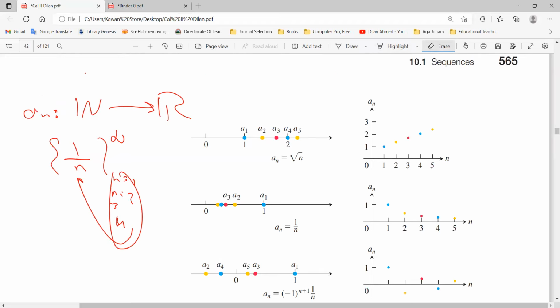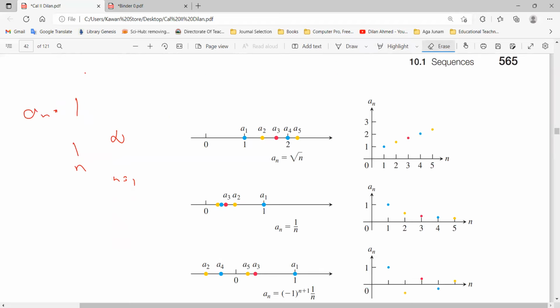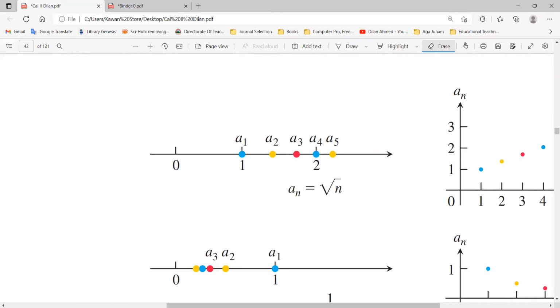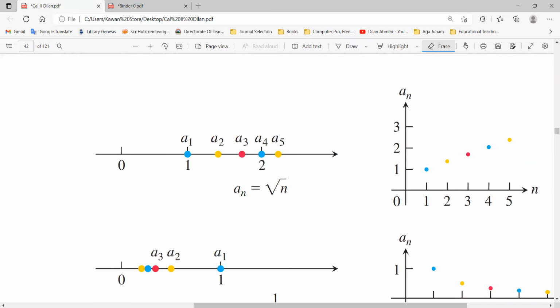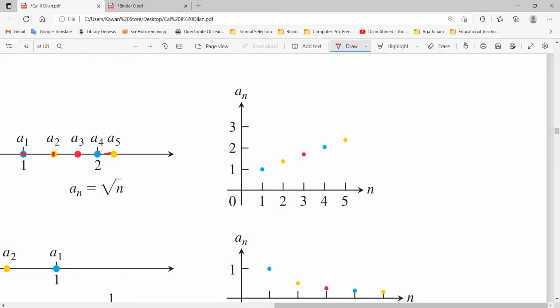Because it's a function, of course, the function has got a graph, right? We are not depending on the graph and domain and range here, just for your information, this is the graph of AN: square root of 1 is 1, square root of 2, 3, 4, and the result will be what? When we have 1, I'll get 1. When I have 2, I have square root of 2. When I have 3, I have square root of 3.